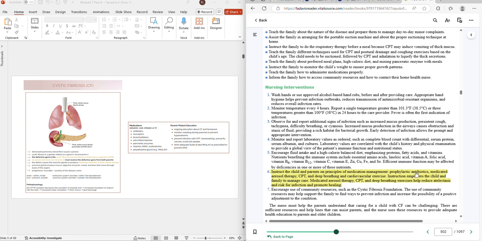Okay, so we put the antibiotics on board, then we give them the medicated aerosol therapy, then we do the CPT as the third step, and then we do the deep breathing and cardiovascular exercise. Okay, so in order: antibiotics, breathing treatment, aerosol therapy, inhaler, whatever. CPT is the third one, and the last one is deep breathing and cardiovascular exercises. Okay, so there's a method to why we do these.